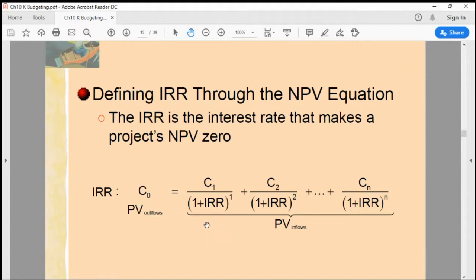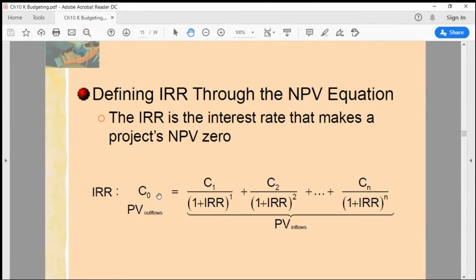Now, of course that means if the right-hand side is less than the left-hand side, then that's not desirable because you're not even getting your investment back, right?